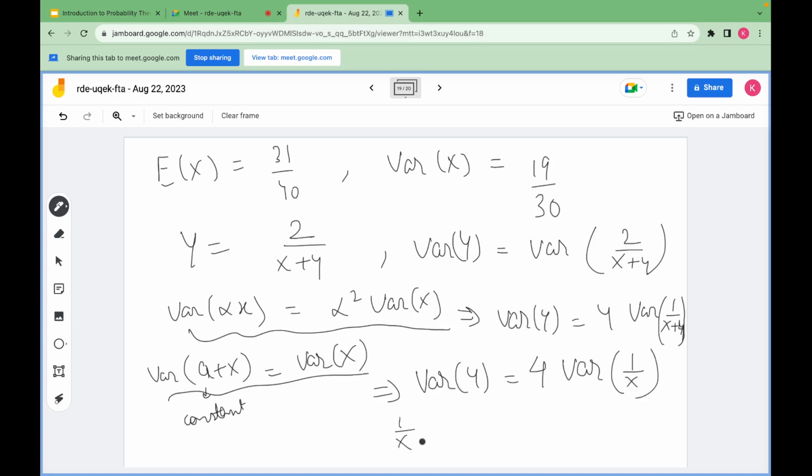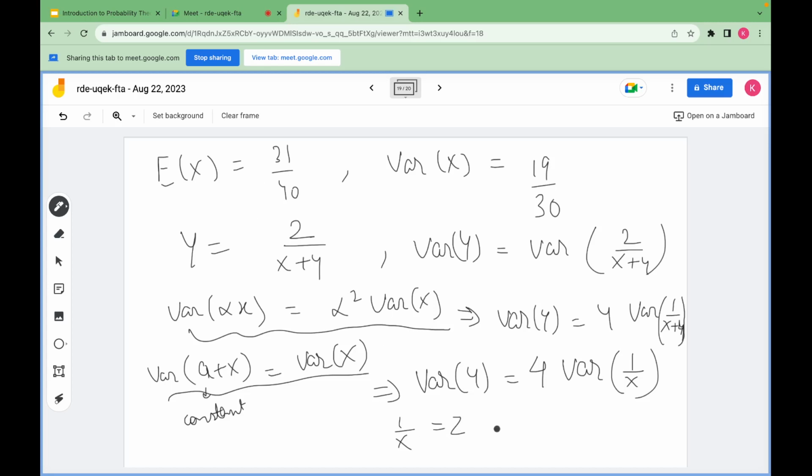So this 1 by x can be treated as a z function. So now we consider this 1 by x as a function z.